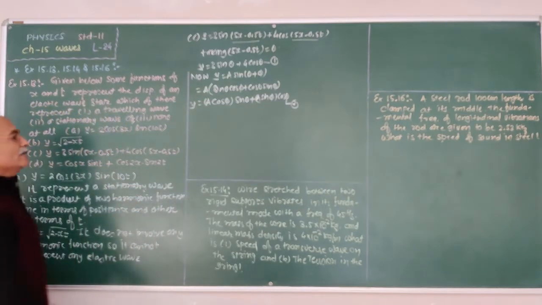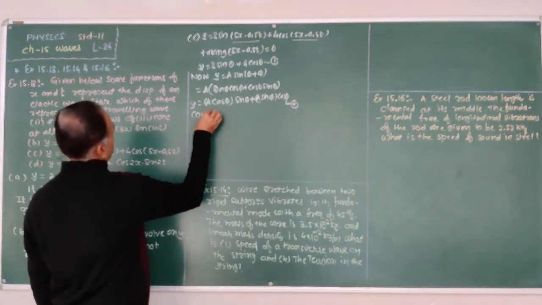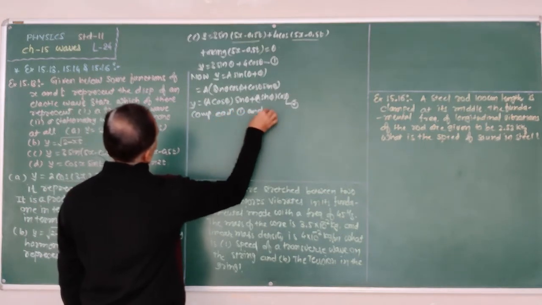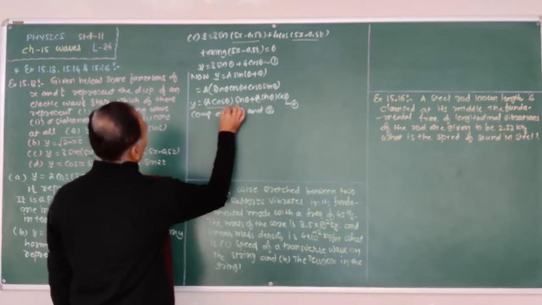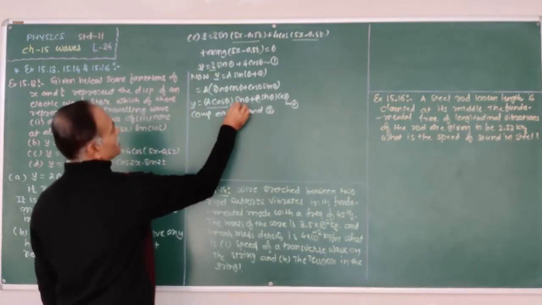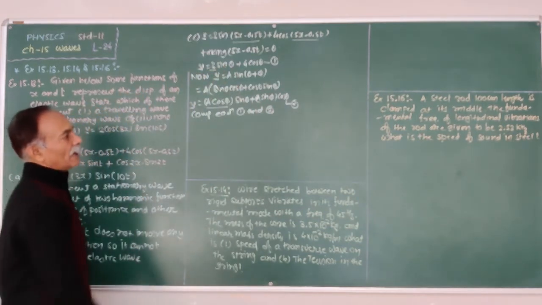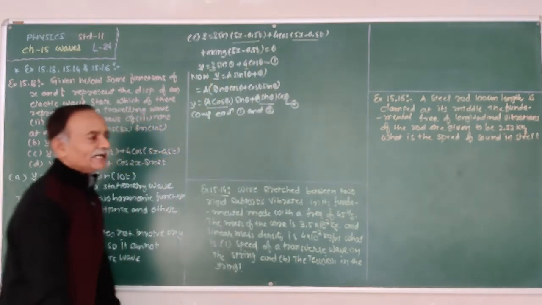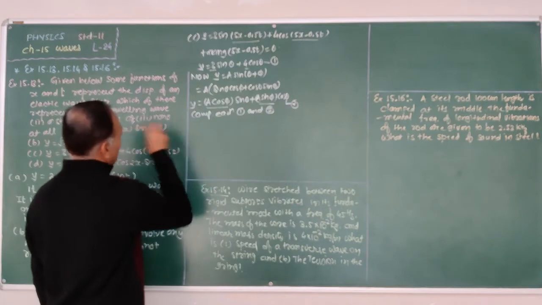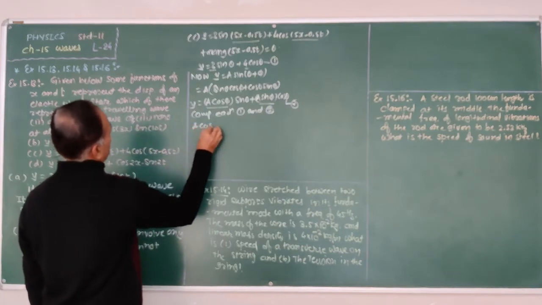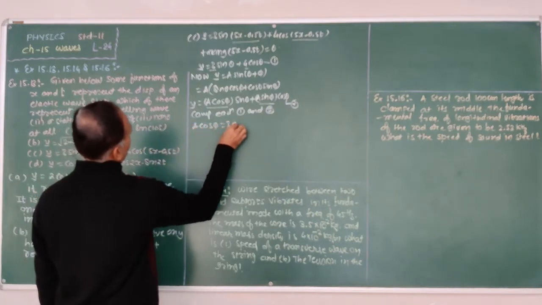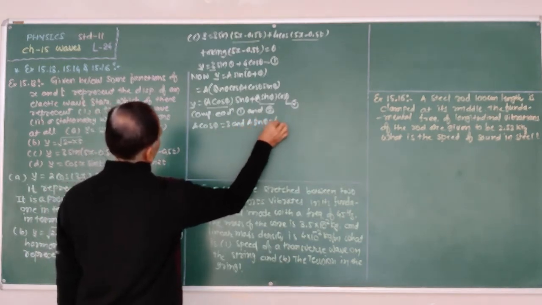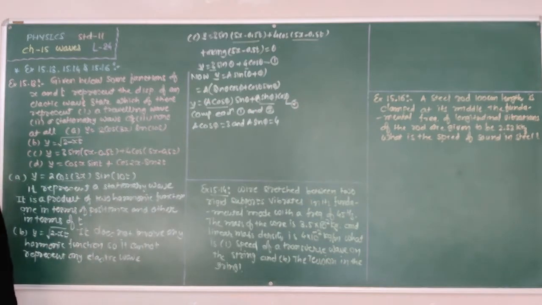Compare equation 1 and 2. So a cos phi is equal to 3 because sin theta is present. Now a sin phi is equal to 4 because of cos theta. Therefore, a cos phi is equal to 3 and a sin phi is equal to 4.